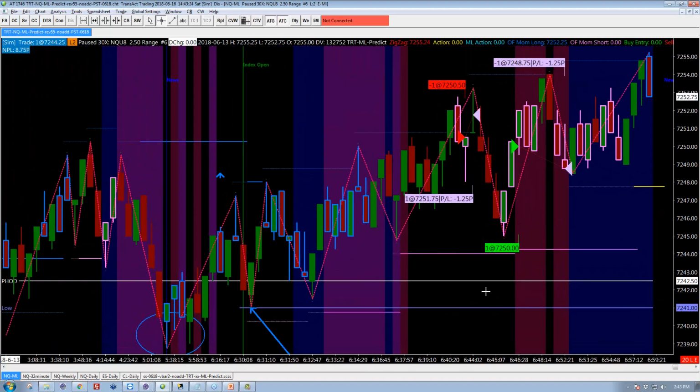Now you'll notice that on these pink trail lines, it starts off with a dash and then goes dark. But up here, like these blue ones, they're light, and like this one here, you don't see it going dark. The reason is that we only want to trail in one direction. So if I'm long, I want to trail to a zigzag that's higher than the previous one.